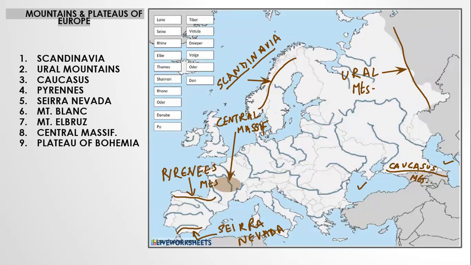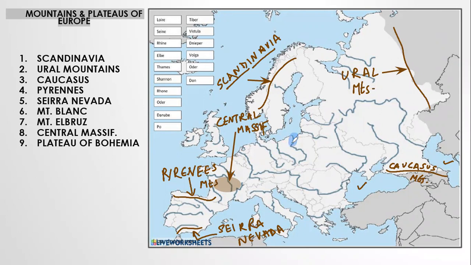Okay, and then the next one that we have to mark is the Plateau of Bohemia. If you see this right here, let me first tell you the things that you need to keep in mind. First of all, you have to keep in mind the Vistula River.